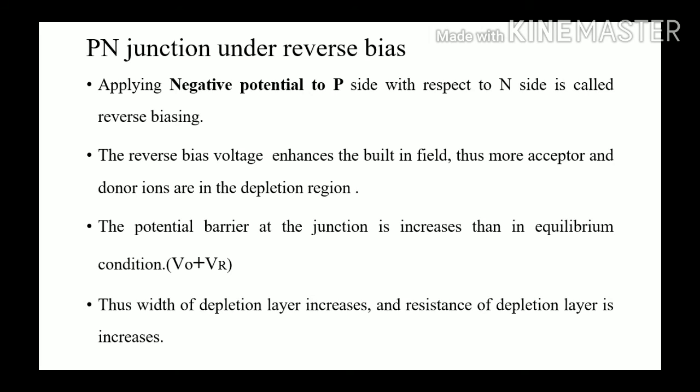But a higher electric field can be sustained only if a large amount of positive and negative immobile charges are present in the depletion layer, so more deposition of these immobile charges results in a wide depletion layer. So, the potential barrier at the junction increases compared to equilibrium. That is V0 plus VR, where VR is the reverse bias voltage.